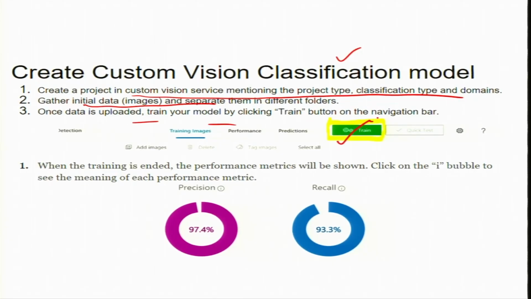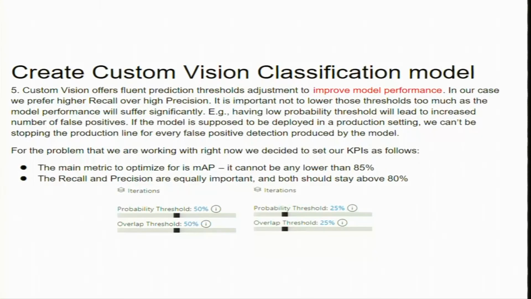Here there is a train button. Once you train, the model will be trained, and then it will show the performance metrics of the trained model. The precision is 97.4 and the recall is 93.3, both are fairly good.